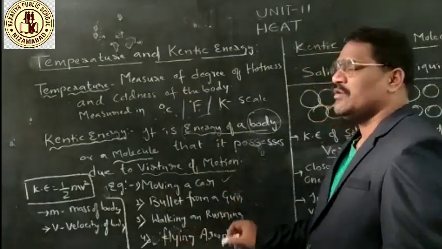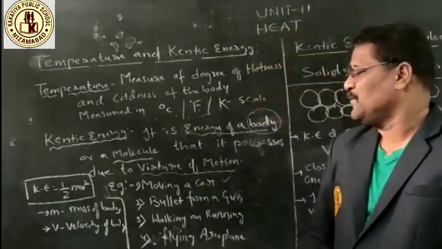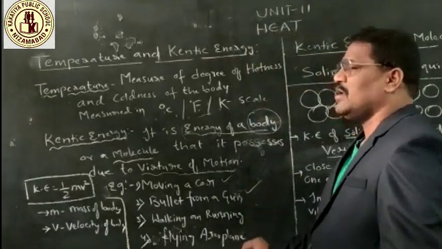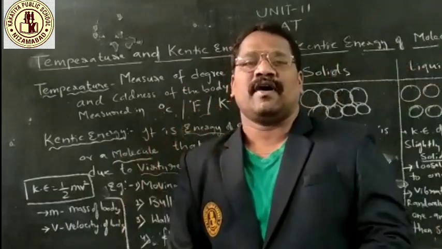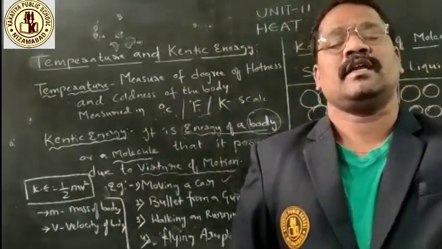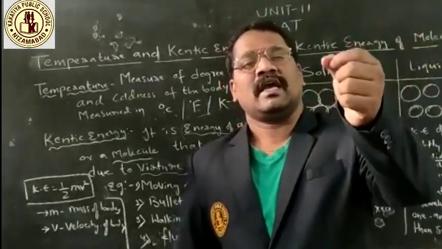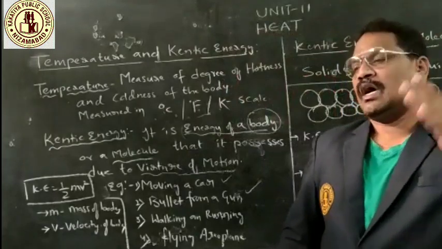A moving car, a car which is moving on the road, possesses kinetic energy. Similarly, a bullet from a gun, when a policeman or military man fires it, travels with high velocity. By virtue of kinetic energy only, the bullet travels from one point to another point.